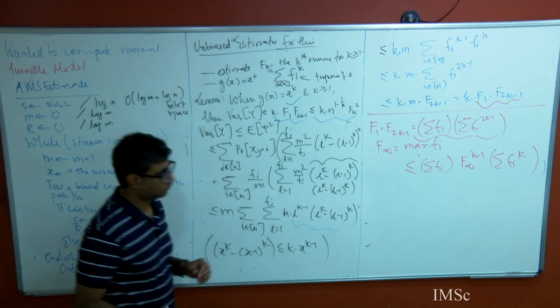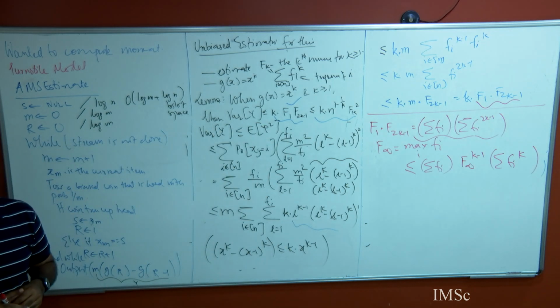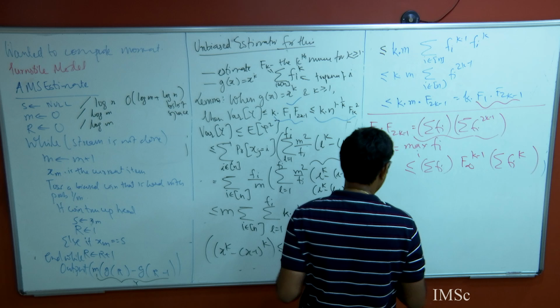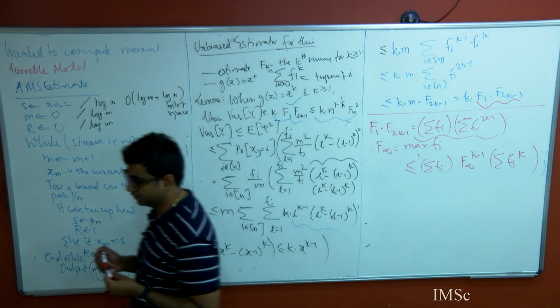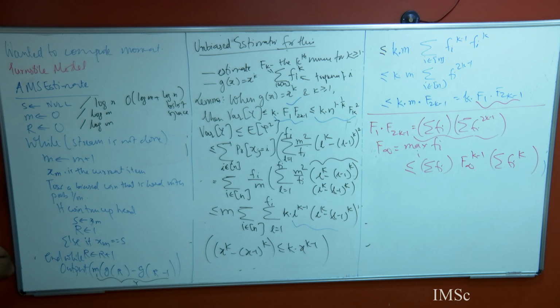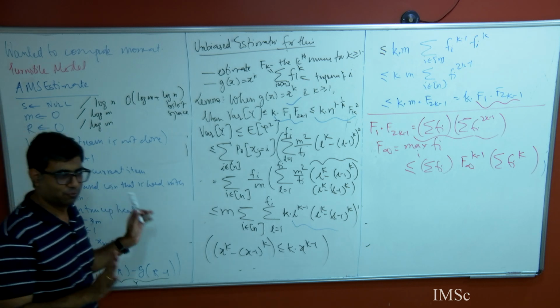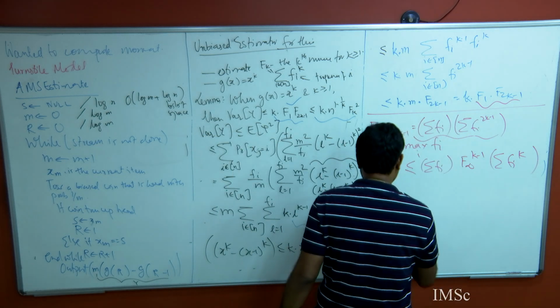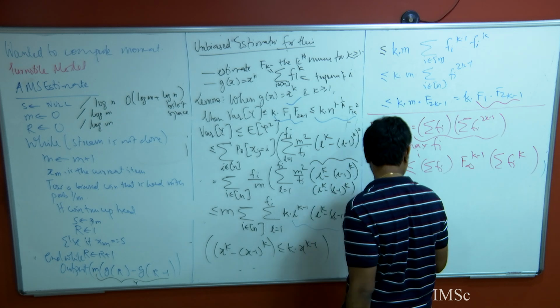Okay? But now comes the funny part. So now I would like to replace this f infinity to the power k. Look, I think you do all this mindless maths, but okay, what do I have to show?